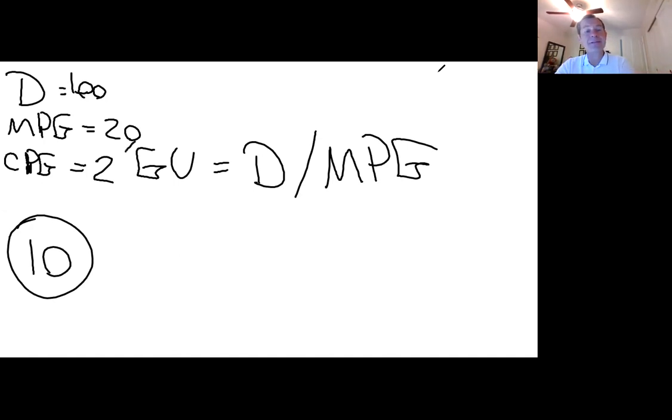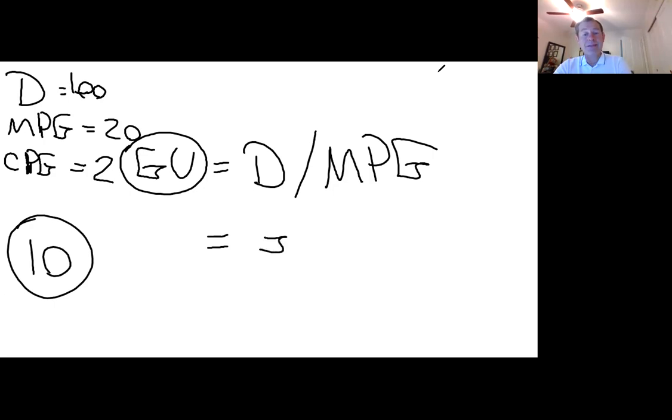Now, gallons used is not user input. That is a calculated value that I need in order to do the next step. Because the next step is, and by the way, I'm doing it backwards, just like it would be in Python, in any programming language.